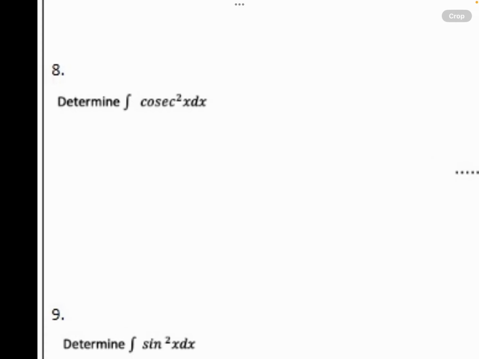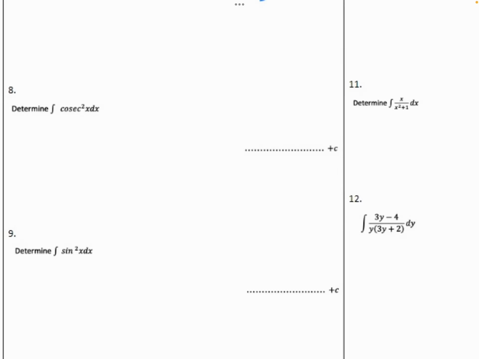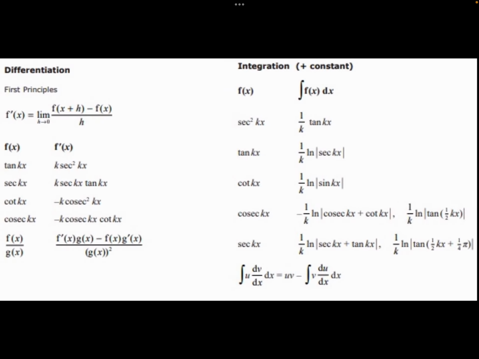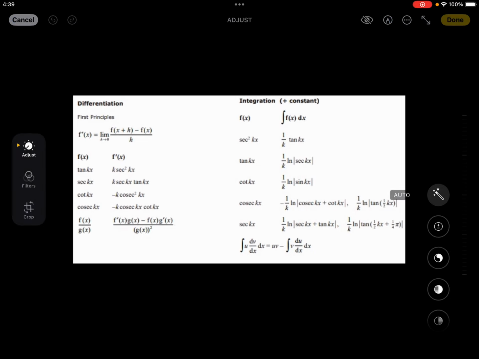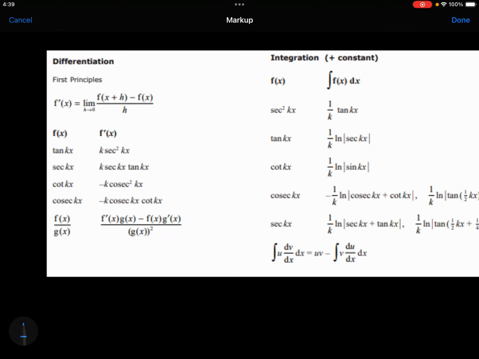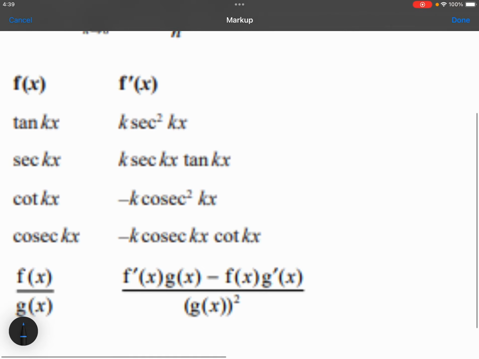Next, we're integrating cosec squared x with respect to x. So again, let's look at our formula book. And we were told down here in the differentiation formulae that cot differentiates to be minus cosec squared.